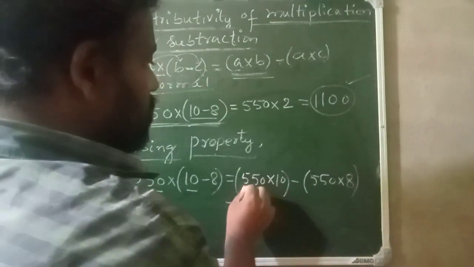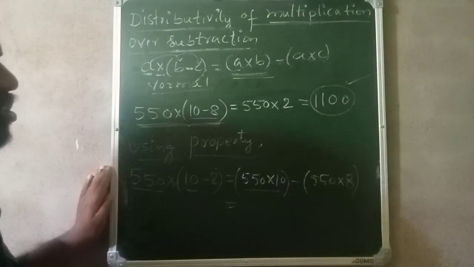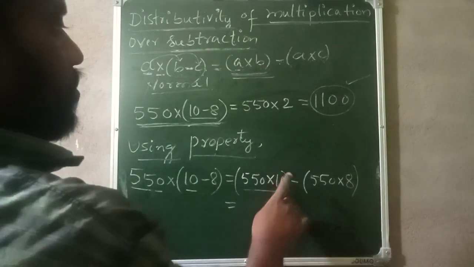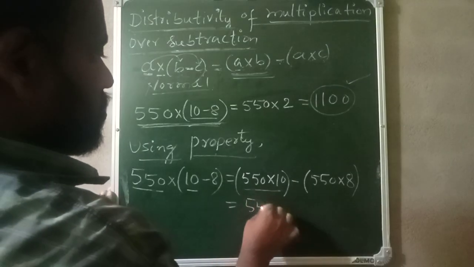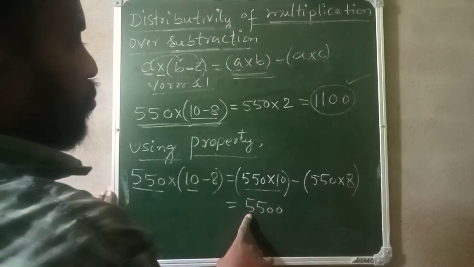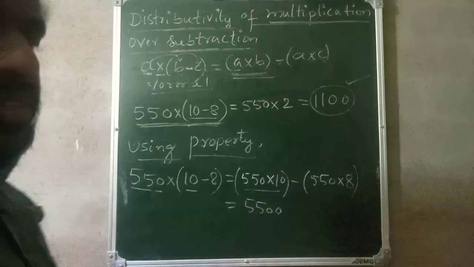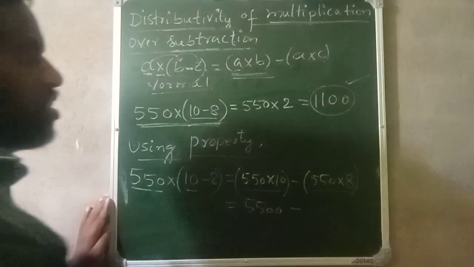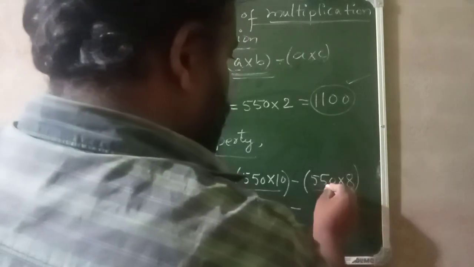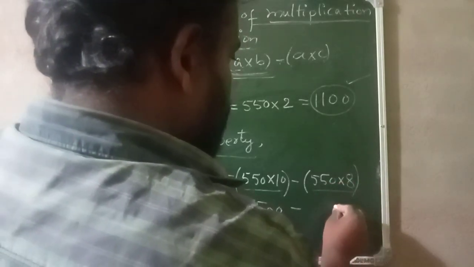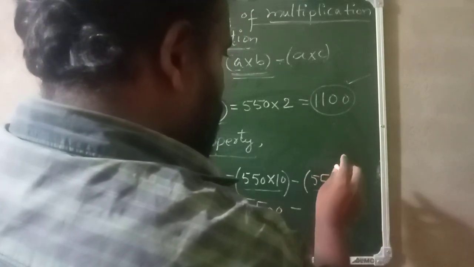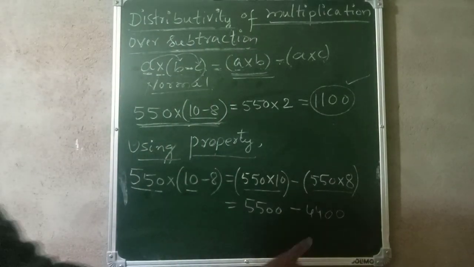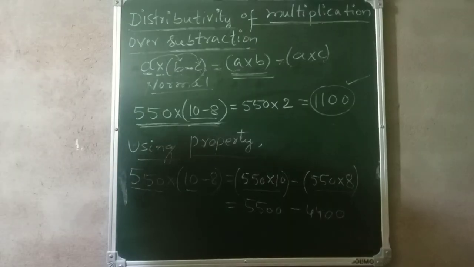So it is equal to, and we have to simplify this. 550 into 10, how much will you get? 5500. Minus, next we have to simplify 550 into 8. 4400 we get.